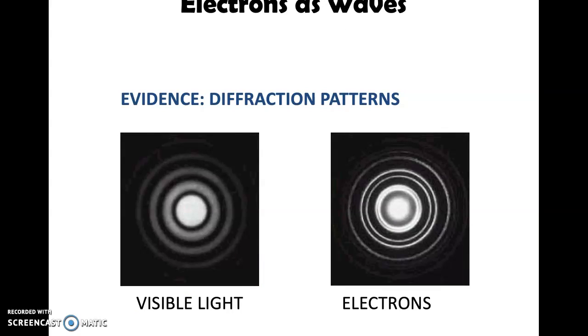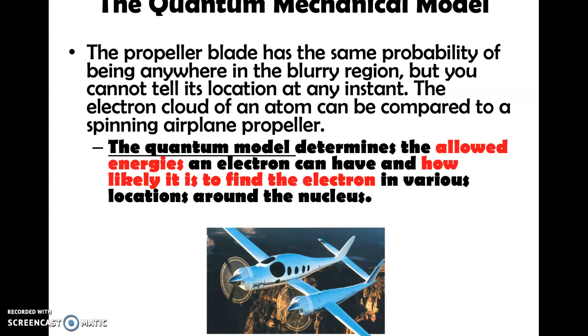We're going to just skip through the slide here. One thing that's neat to note here is about an airplane. The propeller blade has the same probability of being anywhere in the blurry region, but you cannot tell its exact location at any instance. Same thing as we see in the electron cloud model with the electrons.